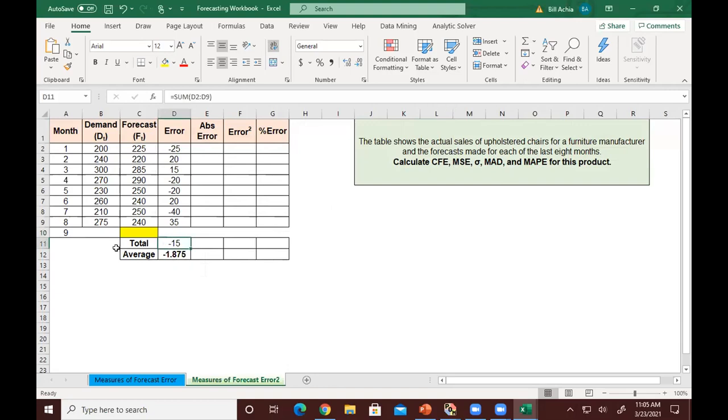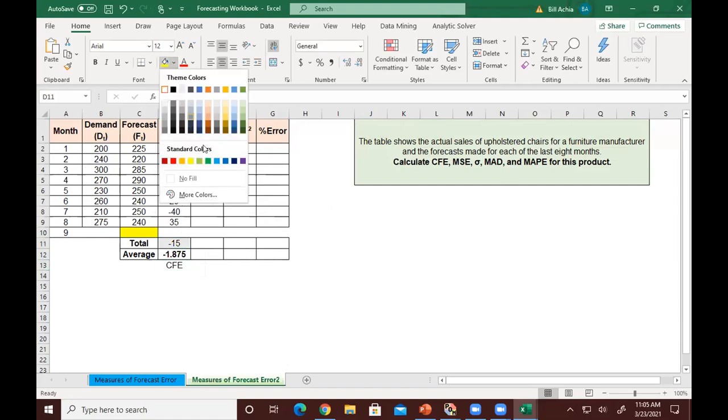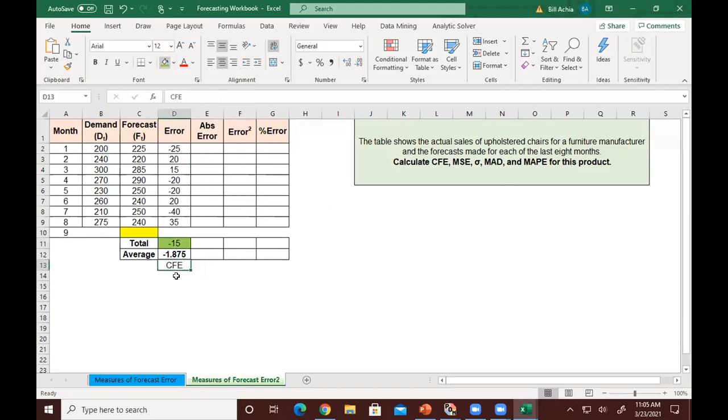This here, CFE, your cumulative forecast error, is the value I have up here, or your total bias. And this tells me that's negative 15.